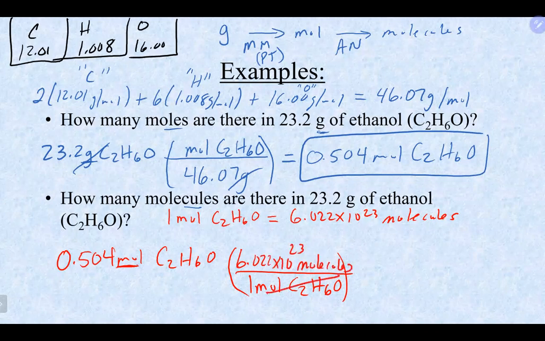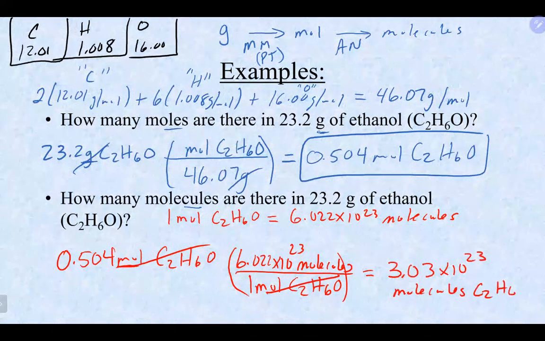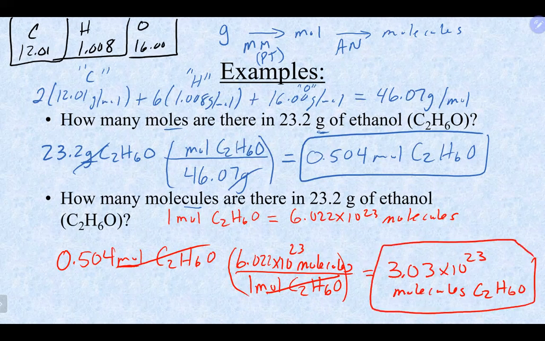The moles will cancel, and if we multiply by Avogadro's number, making sure we use our exponent button, it looks like 3.03 times 10 to the 23rd molecules here of C2H6O. Any questions on any of those steps there?